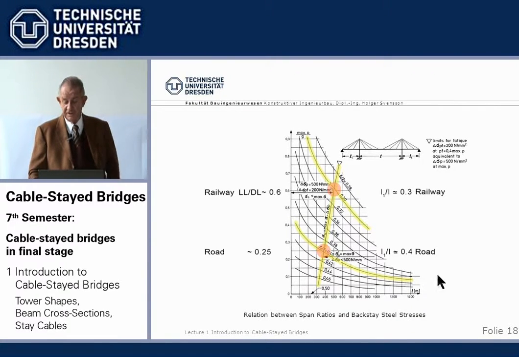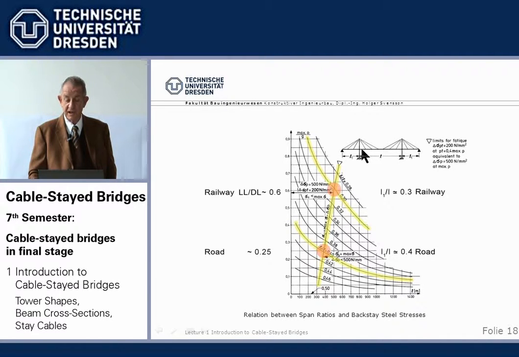And so, just to put it short, if we have a road bridge, concrete bridge with roadway traffic, we have about 25% live load and dead load. And we come to a span ratio of 0.4 to 1.